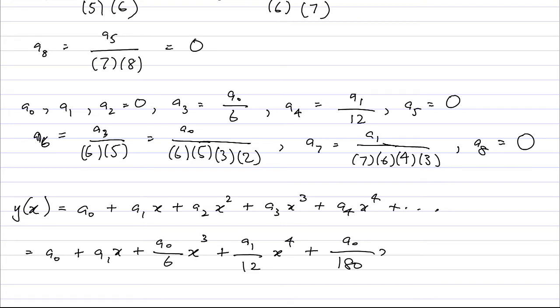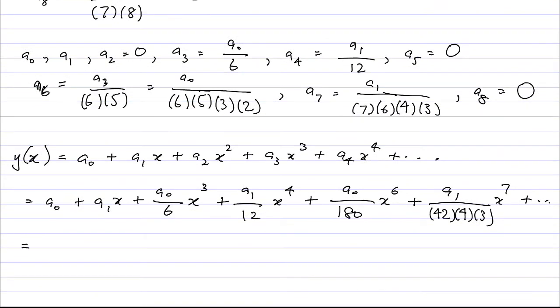That's a6, and then you have x raised to power 6, plus a7 is a1 over 7 times 6 is 42, 42 times 4, well, whatever you get, okay. So 42, 4, 3, and you have x raised to power 7 plus, and so on and so forth.